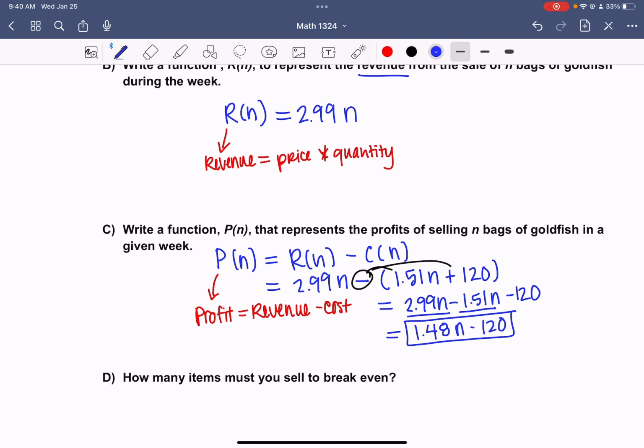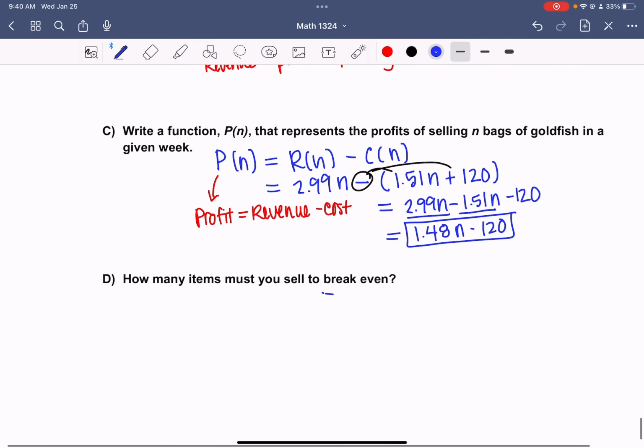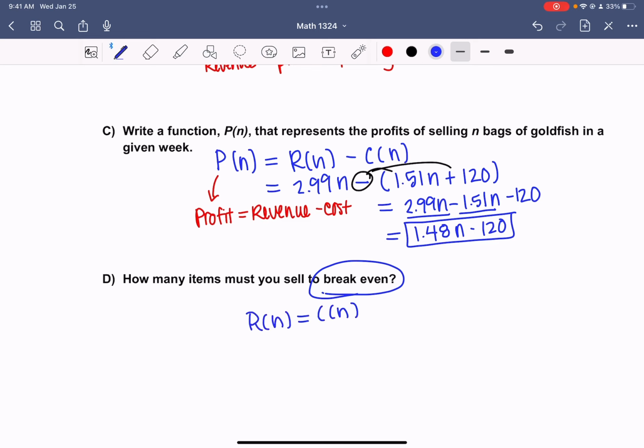Last step, so we're just creating equations. We're going to be creating equations a lot this semester. How many items must you sell to break even? Remember, your break-even point from our definitions is going to be where your revenue is equal to your cost. This is our break-even.